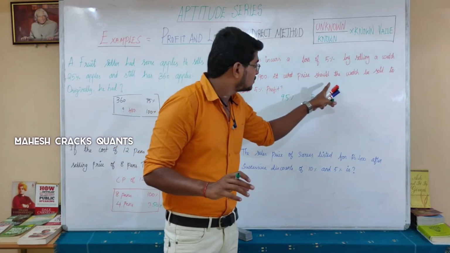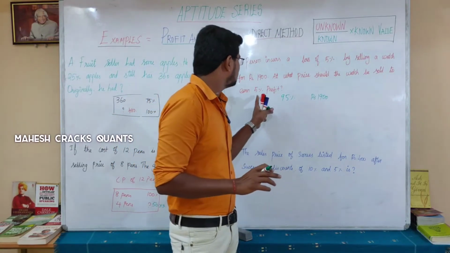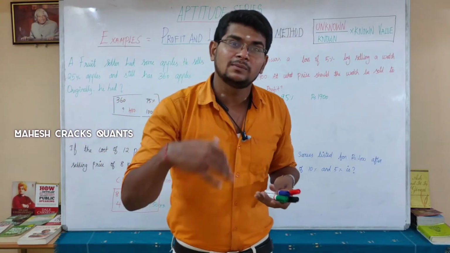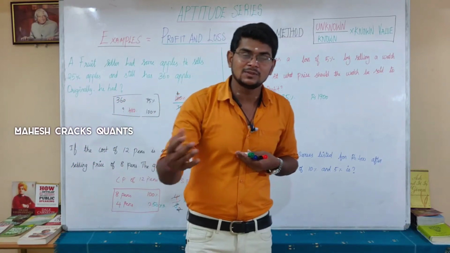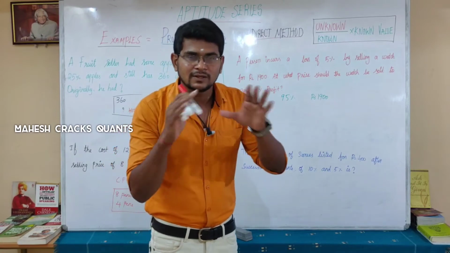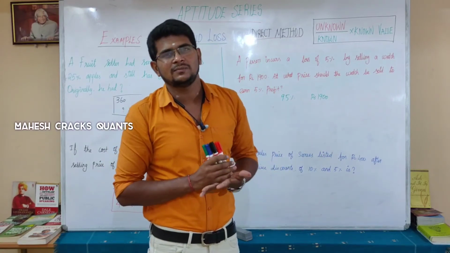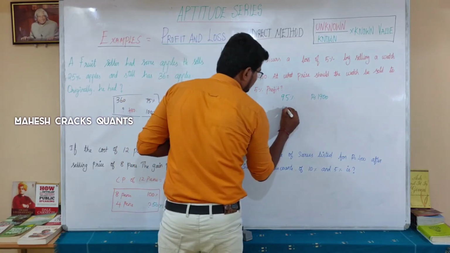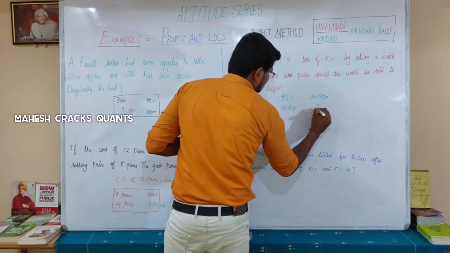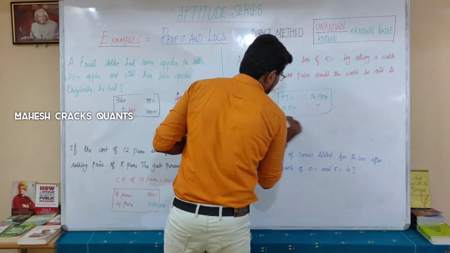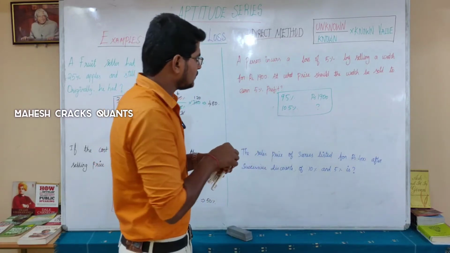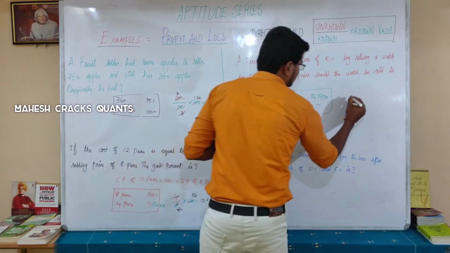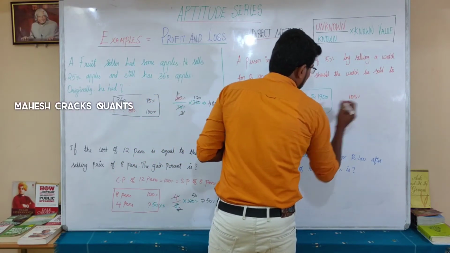At what price should the watch be sold to earn 5% profit? 5% profit means 5% increase. Increase 5% means from where will you increase the 5%? From 100, right? So you have to find the value for 105%. That's it. When you box it, you will get the answer. So what is the unknown? I don't know the value for 105%. That is the unknown.